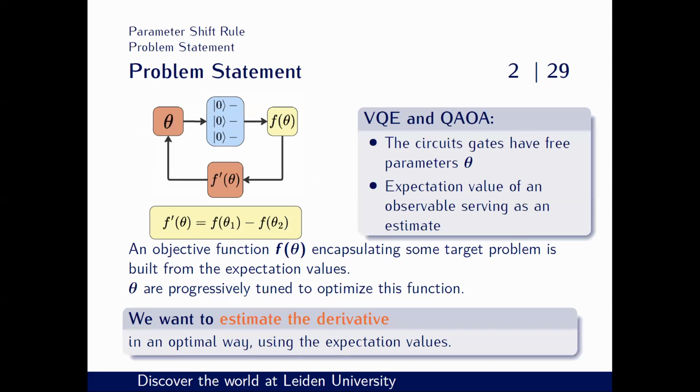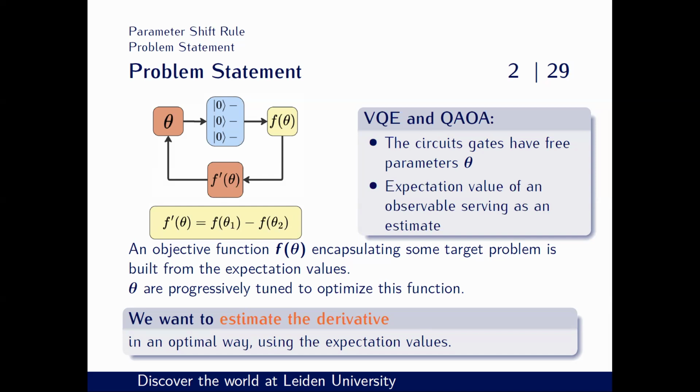So this is a problem statement. You can see here a schematic plot of what is happening in the variational quantum eigensolver, for example, or QAOA. These are algorithms where you have some quantum machine, and you insert inside of it a set of parameters, some quantum thing is happening, and then you are doing some measurements.